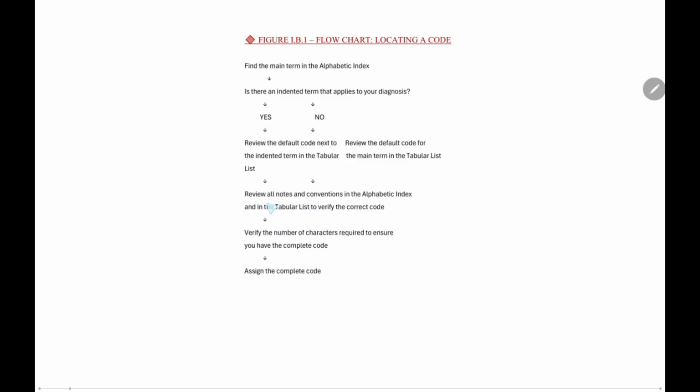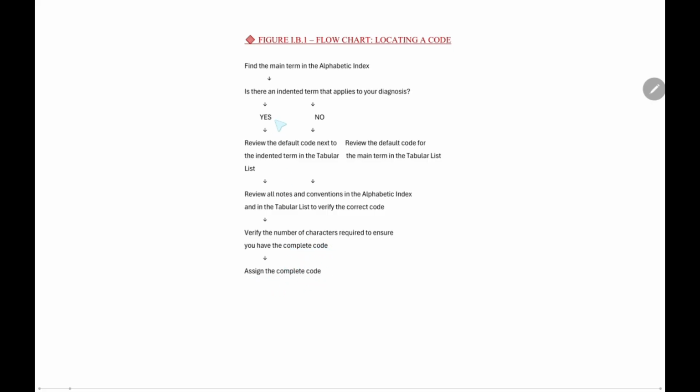You see all those notes and conventions in the tabular, and also in the index. After checking that, you go through the verification of the characters required in the tabular list, and you complete the code through this. So you get the complete code.